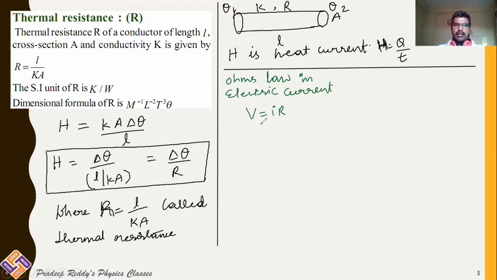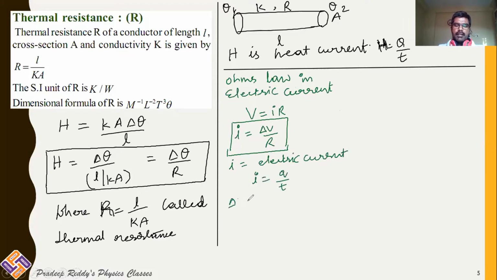Ohm's law, V is equal to IR, where I is equal to V divided by R. V is the potential difference, I is electric current, and I is equal to Q divided by T, charge by time. Delta V is potential difference, and R is electrical resistance.